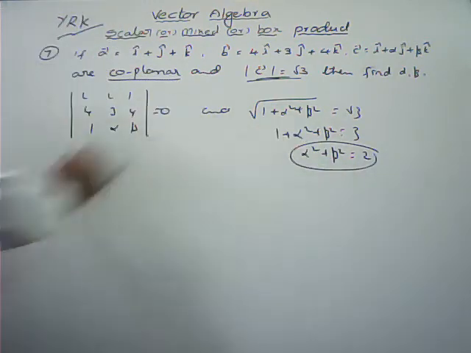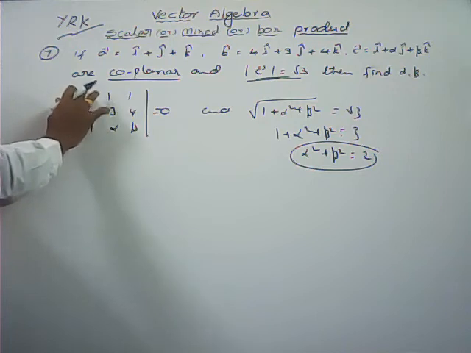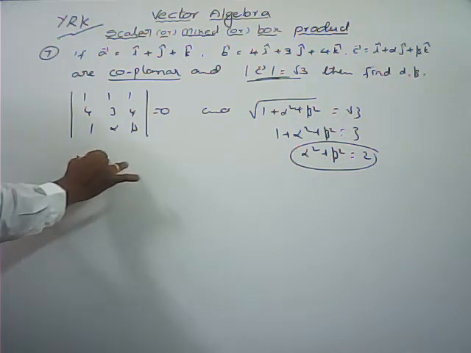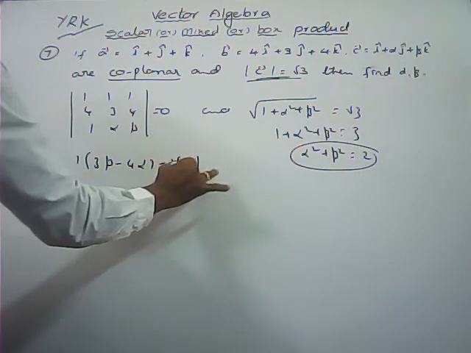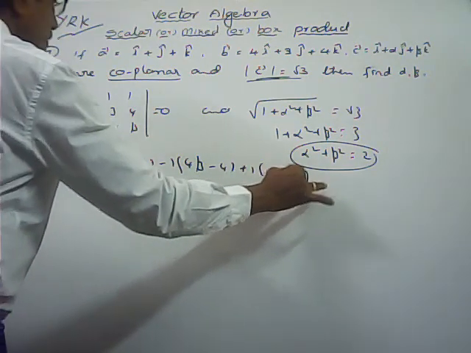Here we got one relation between alpha and beta. Maybe here also we can get the relation between alpha and beta. By solving the 2, we can get alpha beta values. So 1 into 3 beta minus 4 alpha, minus 1 into 4 beta minus 4, plus 1 into 4 alpha minus 3, that is equal to 0.